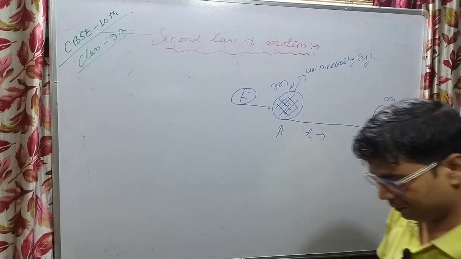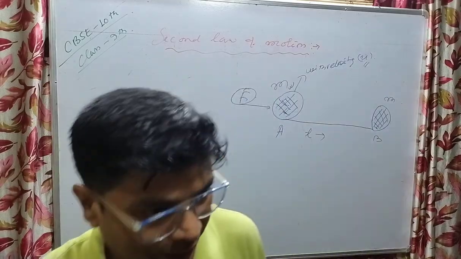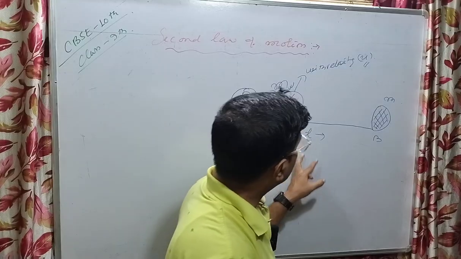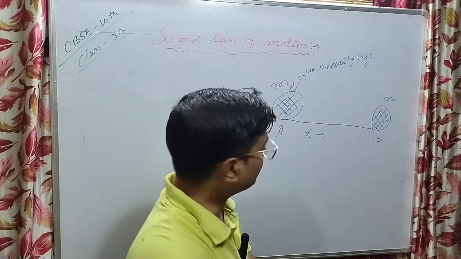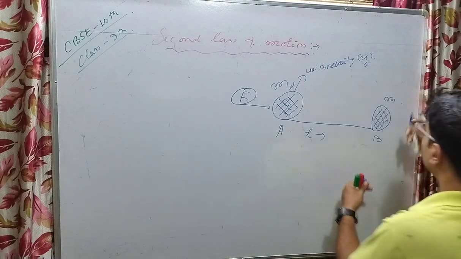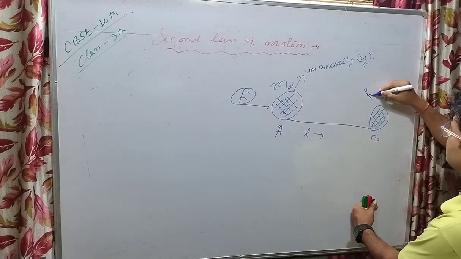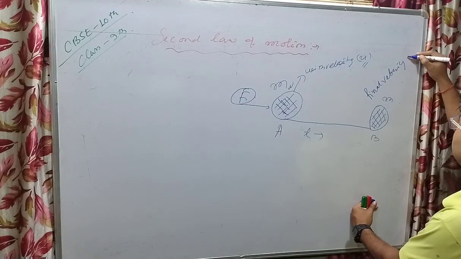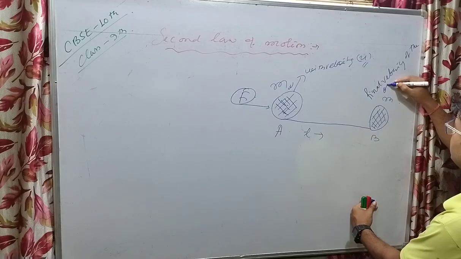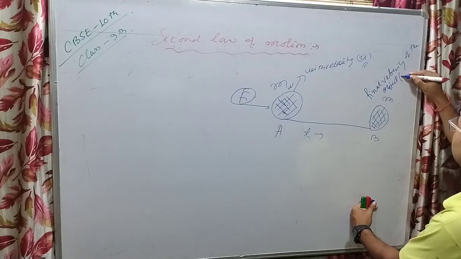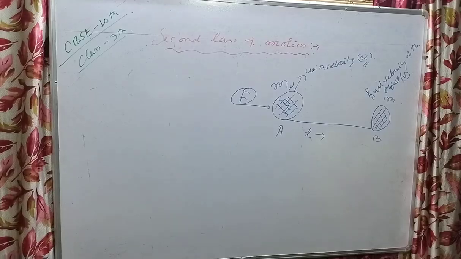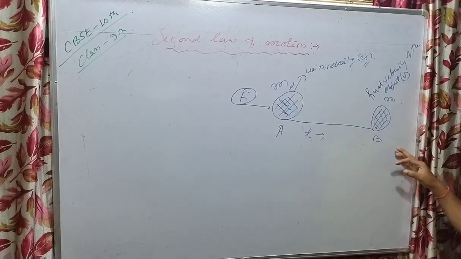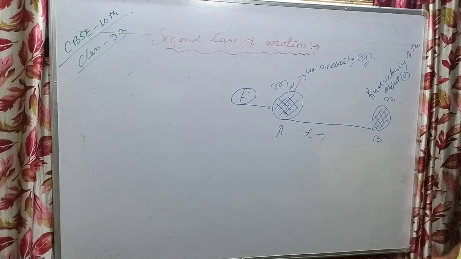If I apply an external force F on this object, after time t the velocity changes from u to v, that is the final velocity of the object at point B.